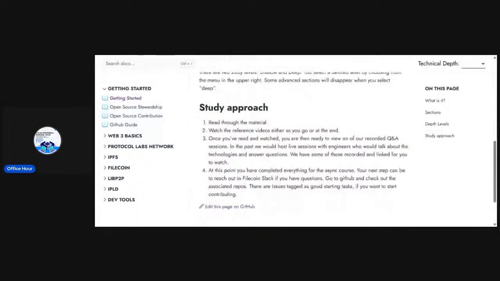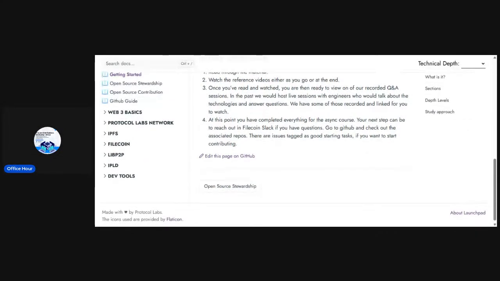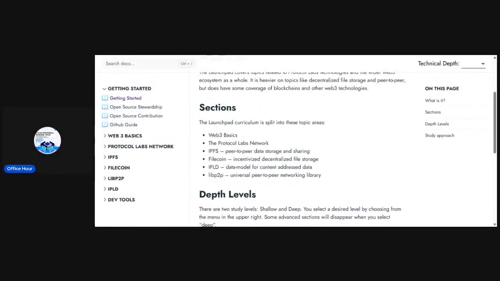Once you've read and watched, you are then ready to view the recorded Q&A sessions. In the past they used to hold live sessions with engineers who talked about the questions and answers. These are some tips you'll be seeing on the space. It keeps you busy. So that's about this.